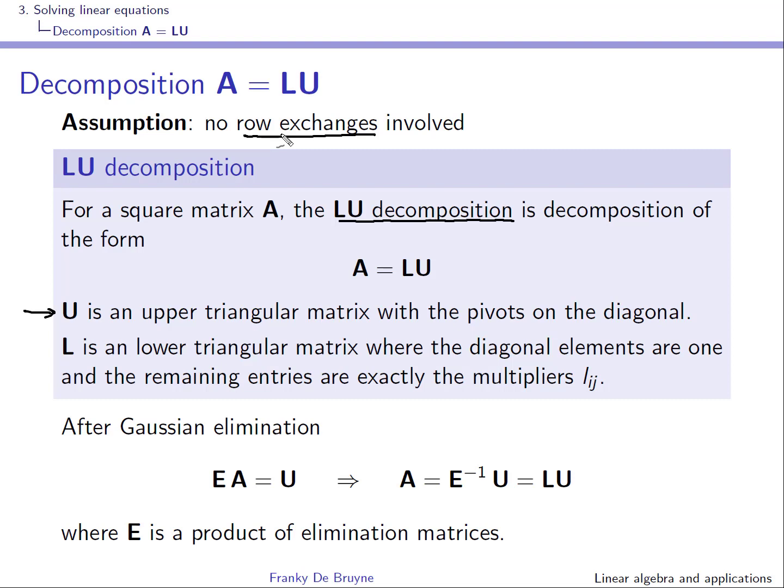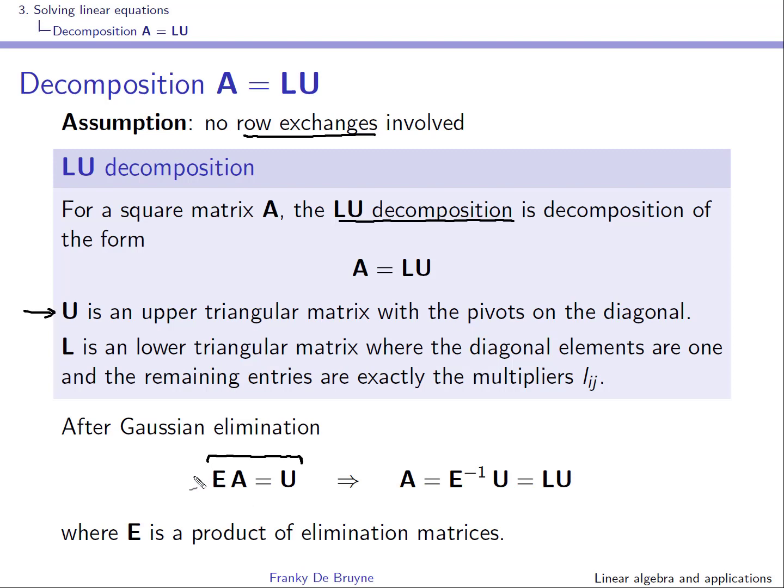We have constructed U using Gaussian elimination, and we have seen that you can see this as taking your matrix A and pre-multiplying by the product of all elimination matrices, right? So you pre-multiply A by the matrix E, which is the product of the elimination matrices, to produce an upper triangular matrix.